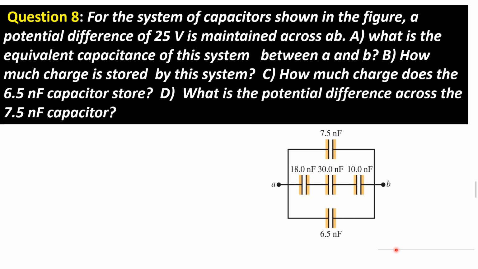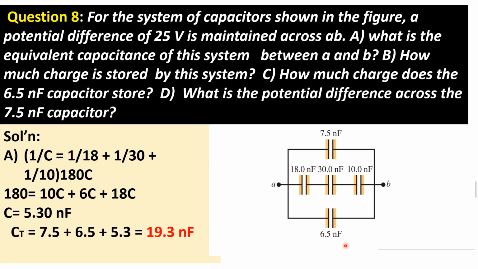So we shall start answering letter A. We first get the total capacitance of the ones inside using the reciprocal formula: 1 over C is equal to 1 over 18 plus 1 over 30 plus 1 over 10 nanofarad. That's our substitution in the reciprocal formula.